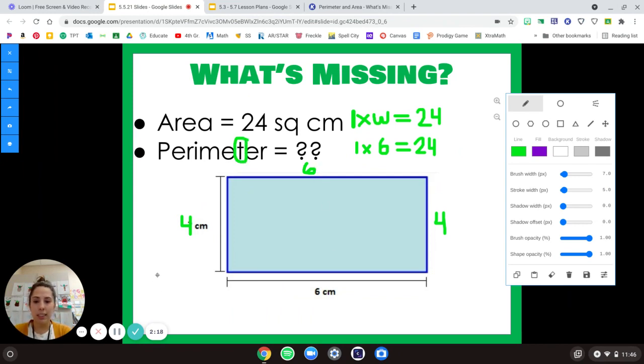So 6 plus 6 I know is 12, and 4 plus 4 is 8. So 12 plus 8 should get us 20. And we don't just want to say 20, we need our label, 20 centimeters. Awesome.